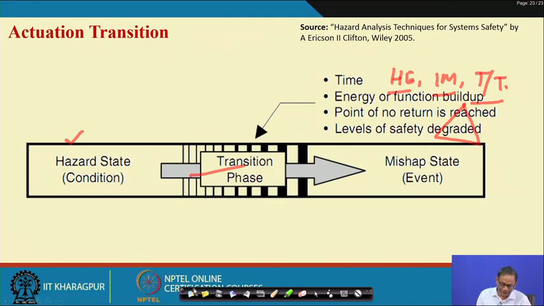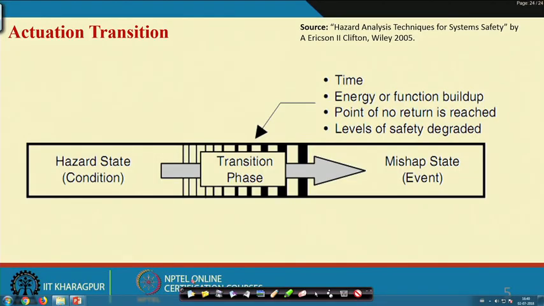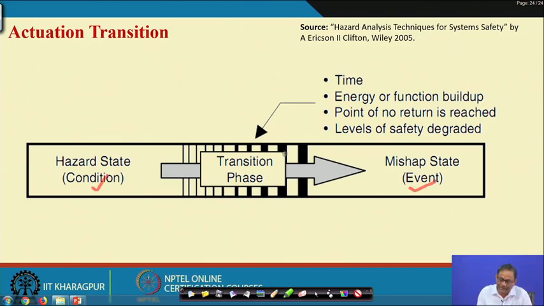As I told you, the safety engineer's job, I am repeating the words several times. In fact, last class also I repeated it several times: the hazardous condition to mishap. This is my hazardous condition, this is the mishap, this is the biggest issue.